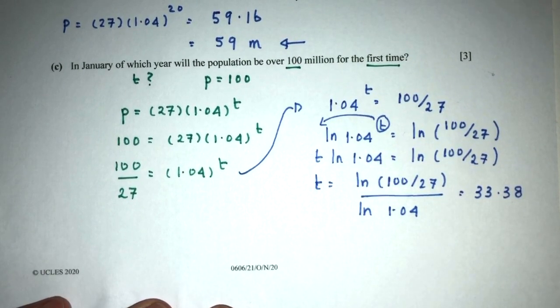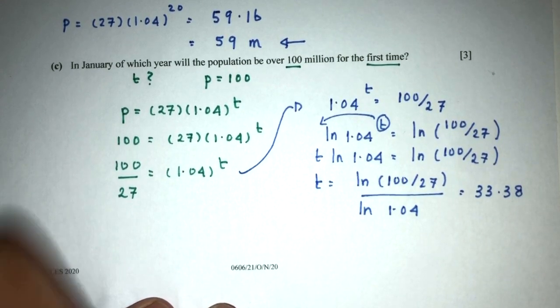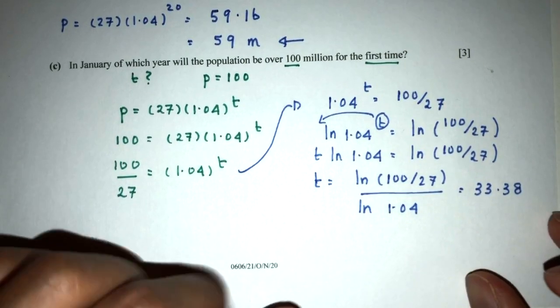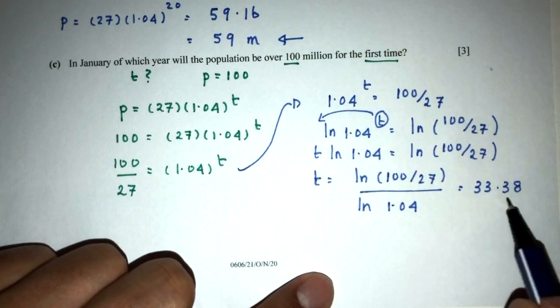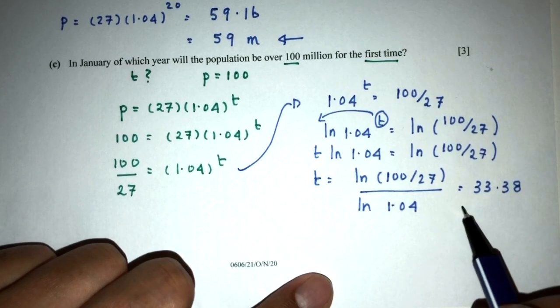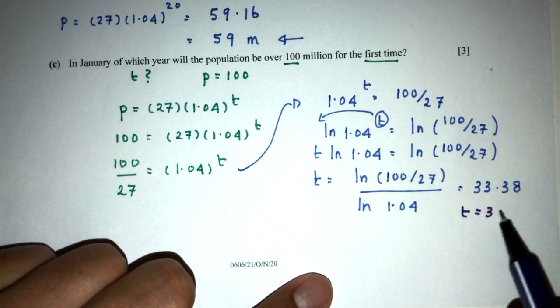So this is the value of t, but not the year yet. We want the year when the population is over 100 million for the first time. If you think, at first you might say that because it is 33.38, t is equal to 33.